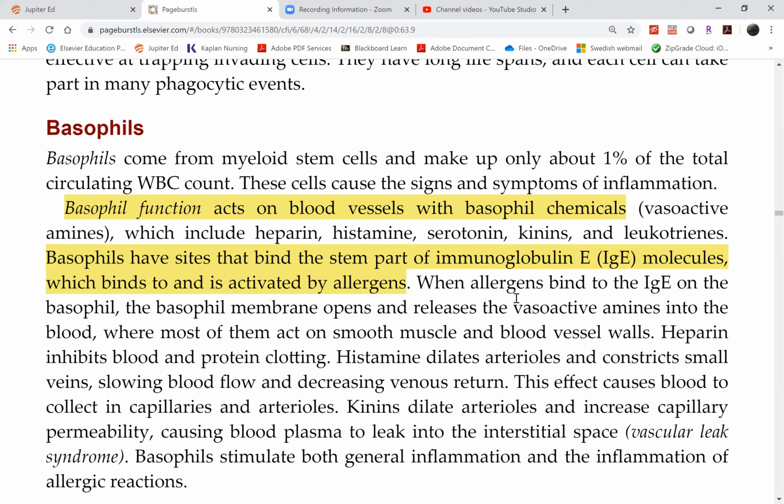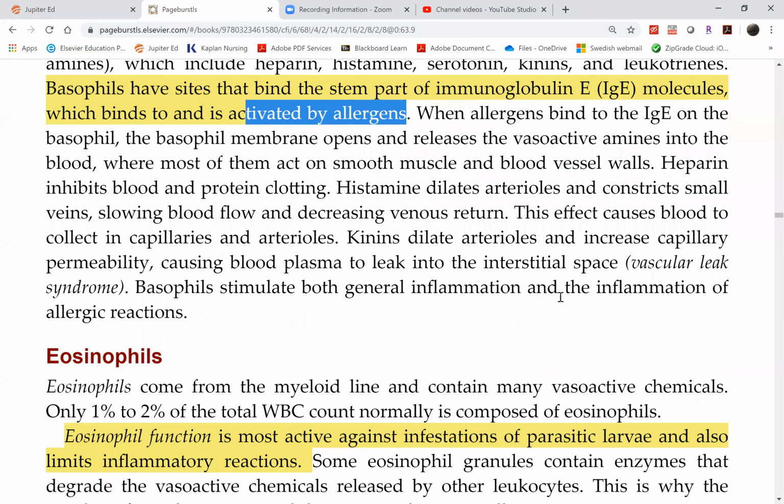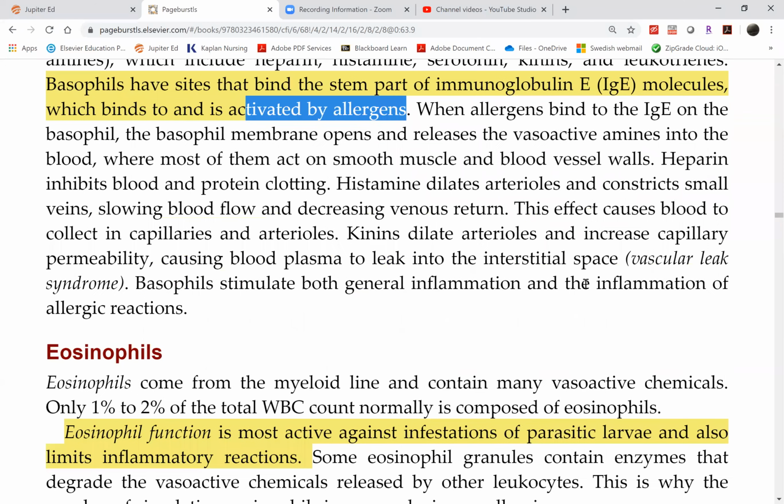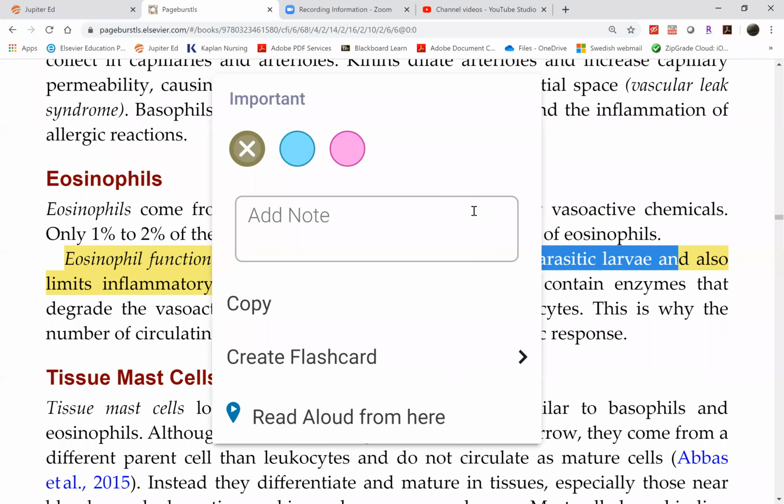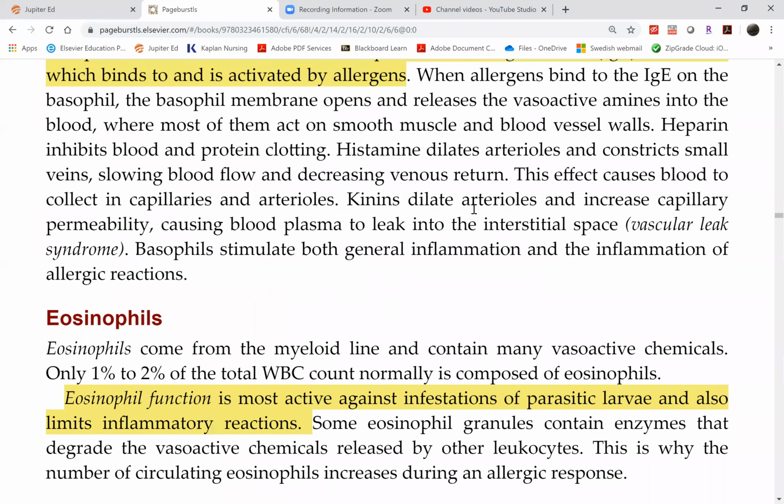Actually, it's not even an infection. They are activated by allergies. So if you have an allergic reaction, basophils will increase. What about eos? Eosinophils increase when you're attacked by what? Parasites. Okay, and so on. So that's eos. We looked at basos, eos.